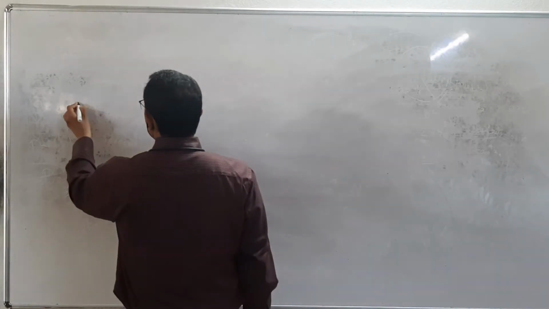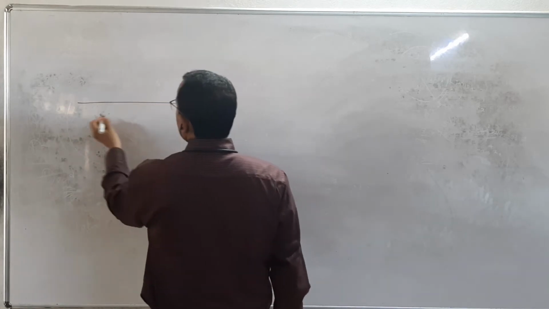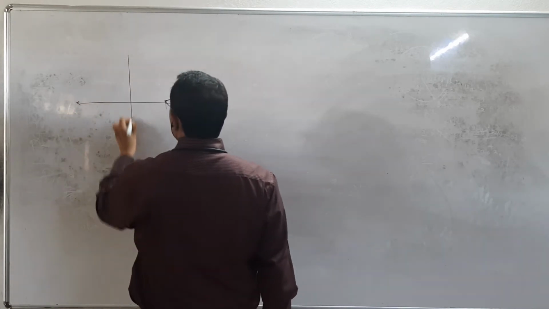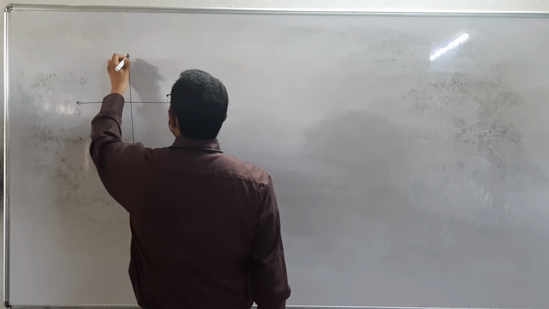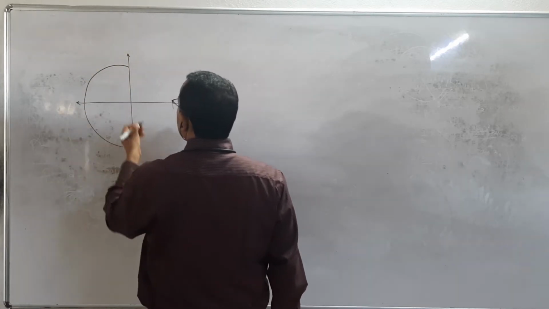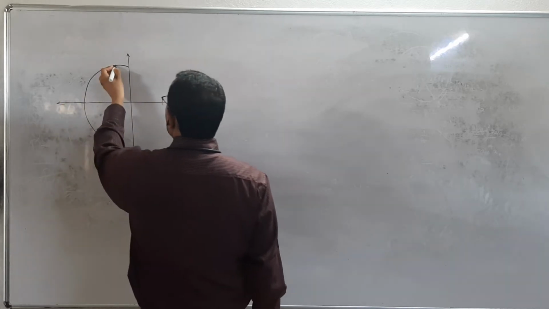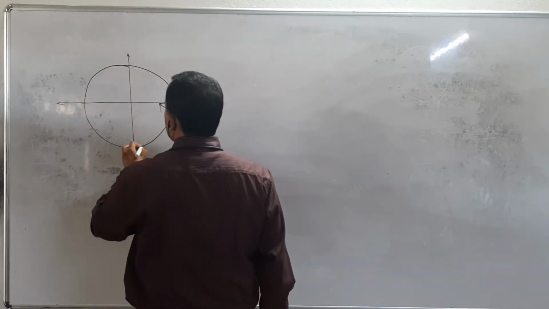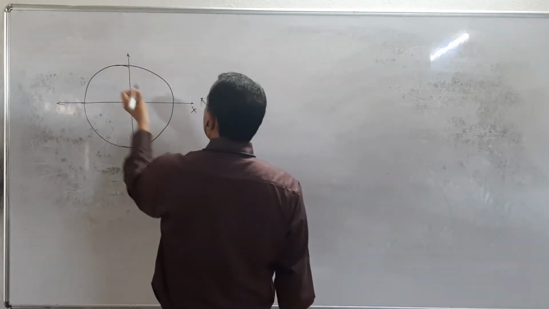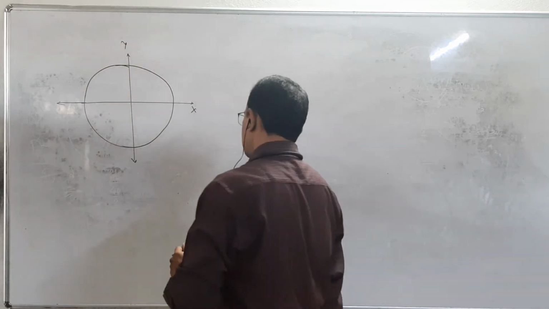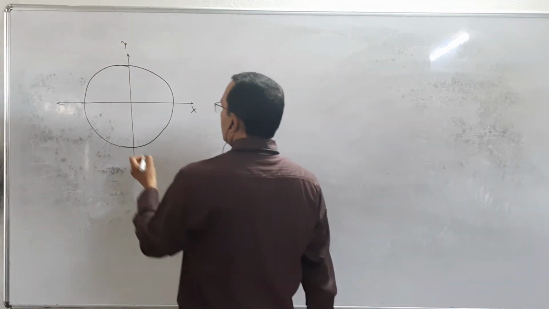Say suppose this is the x-axis and this is the y-axis. Let us say this is a unit circle. X-axis, y-axis. Understand this is a circle.